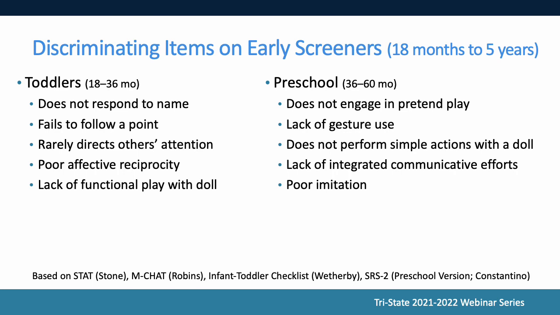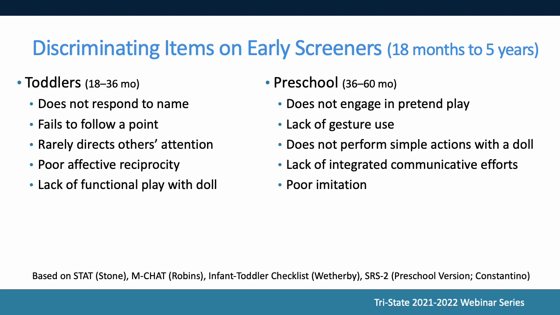In the preschool years, we want to be particularly attentive to the child's pretend play skills, as many children with autism are not developing or creating original schemes. There's usually a lack of gesture use that is combined with other methods to communicate. You often can see holding on to a doll or hugging it, but not specific actions with the doll, where the doll is being treated as if it's a person doing things.